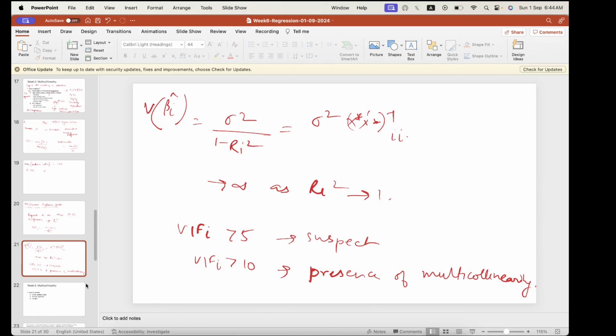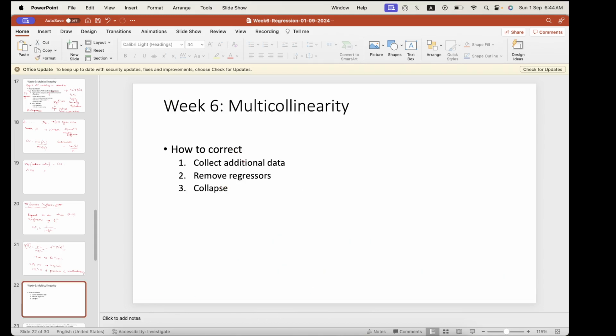Alright, so now how do we tackle this? How do we correct multicollinearity? We could collect additional data, because remember, multicollinearity is actually a sample phenomenon.